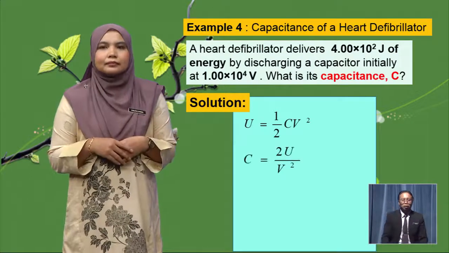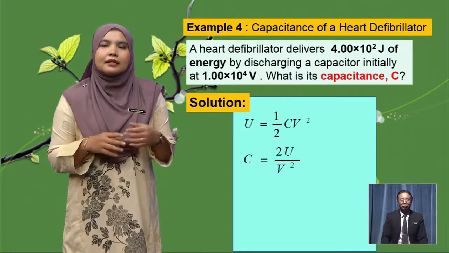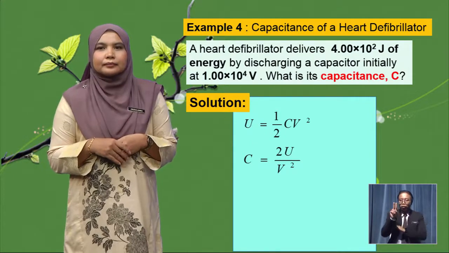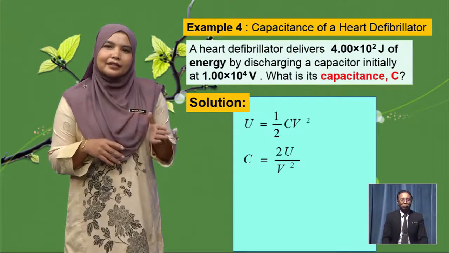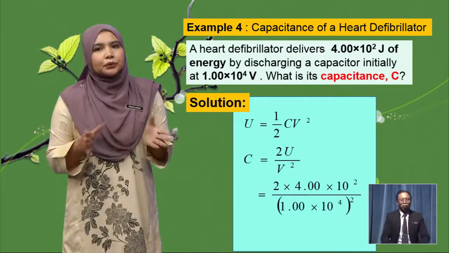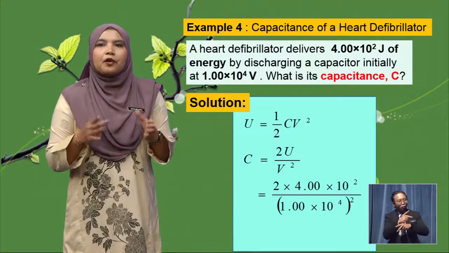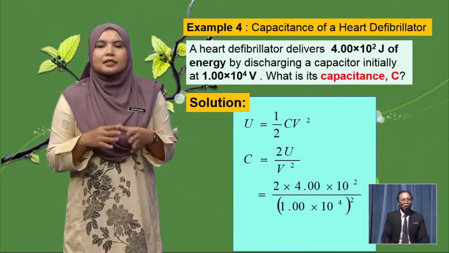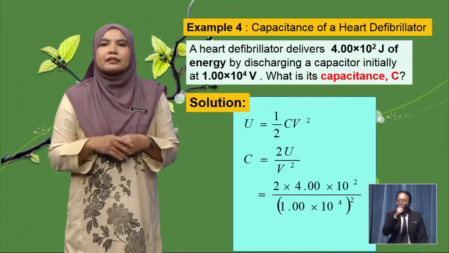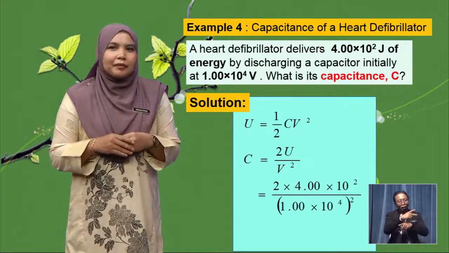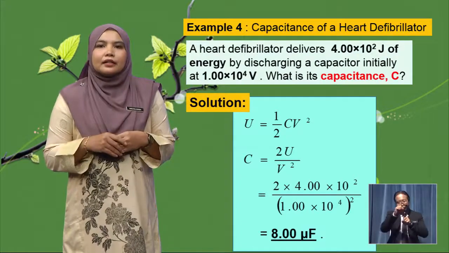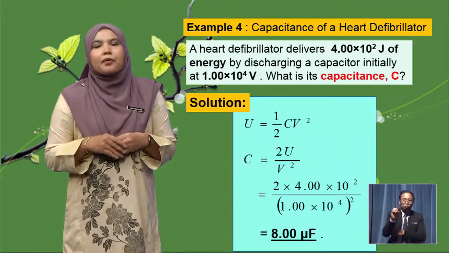Hence, C equals 2U over V squared. Entering the given values, equals 2 times 4.00 times 10 to the power of 2 divided by 1.00 times 10 to the power of 4 squared. The answer is 8.00 microfarad.